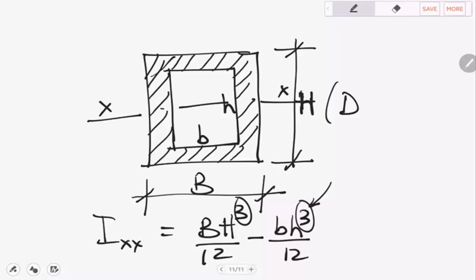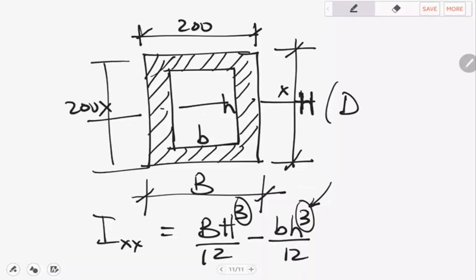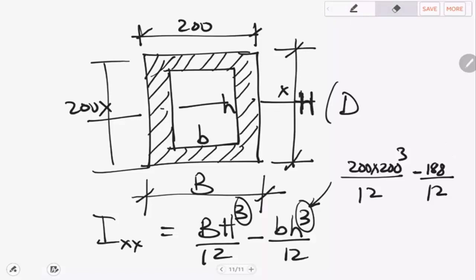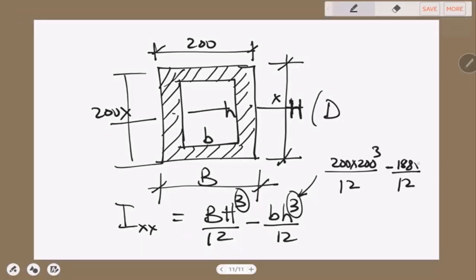Right. So we know that B is 200 and H is 200. So this is going to be 200 times 200 to the power 3 divided by 12 minus 188 times 188 to the power 4 divided by 12.